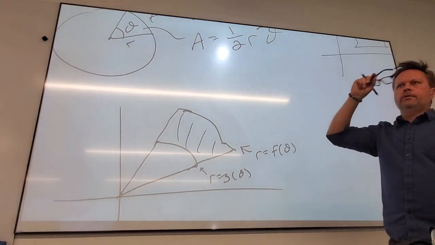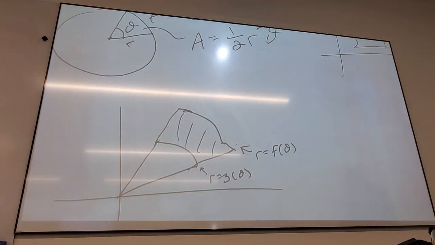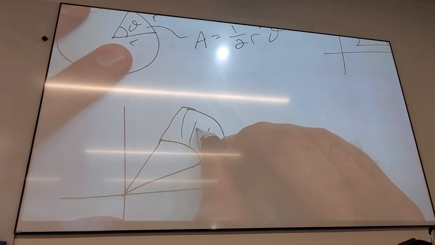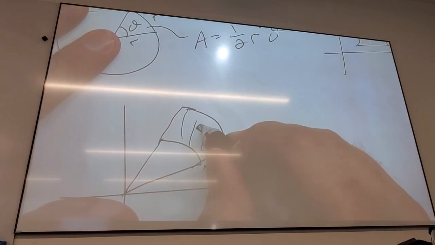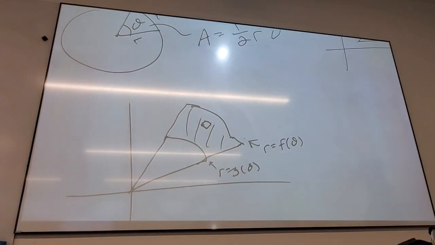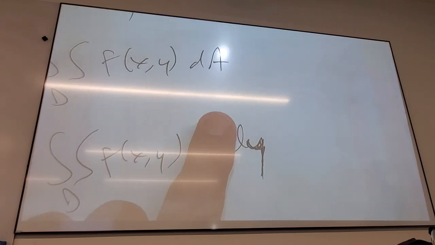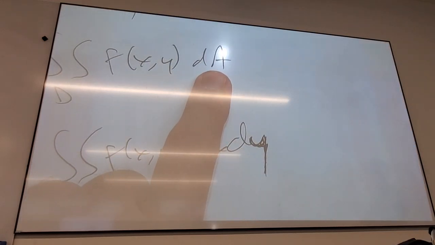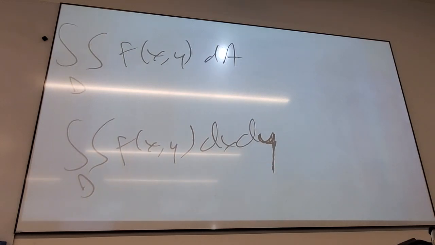So if I take a little tiny piece of this, I have to talk about its dimensions to figure out its area. Because that's the whole point of this game: what do I put here? If it's in the xy plane, it's easy. X times y, so dx dy for a little element.